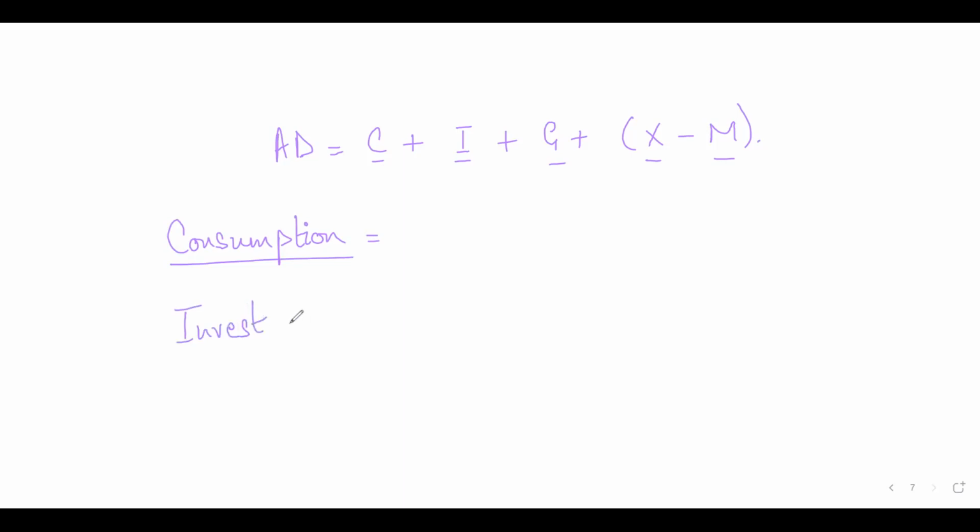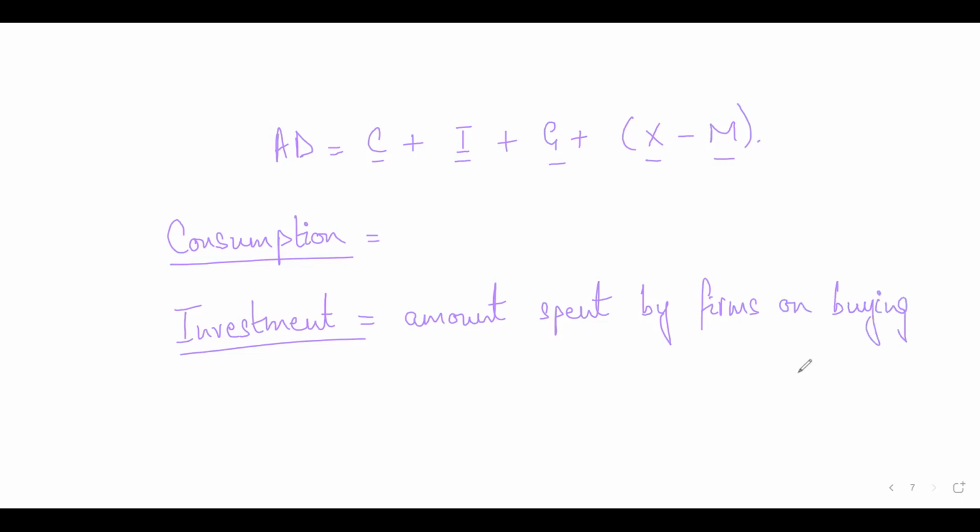Investment. Investment is the amount of money that businesses spend on buying capital goods. What are capital goods? Money spent by firms on buying capital goods. So think about this. Capital goods are goods that you need for production of other goods, right?